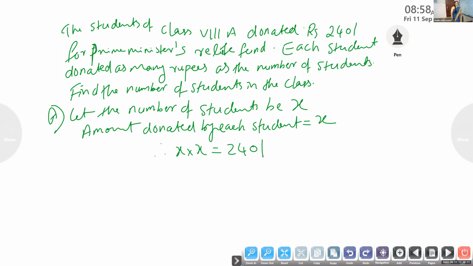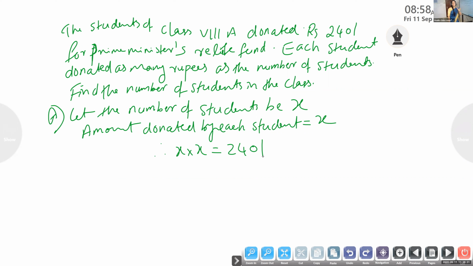The number of students and the amount donated by each student are the same. If 10 students are there, each will donate 10 rupees. If 25 students are there, each will donate 25 rupees.